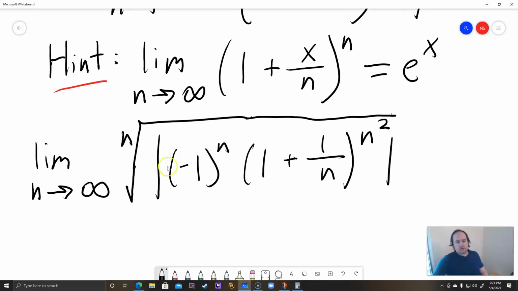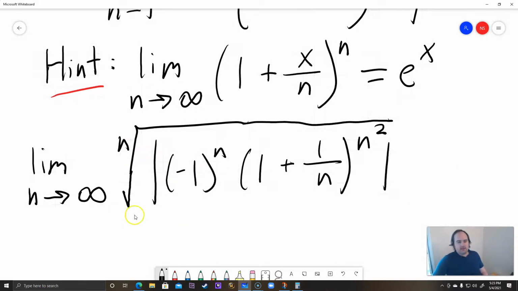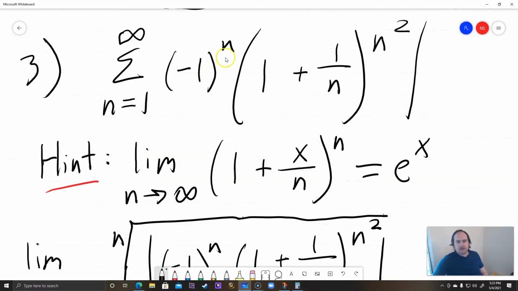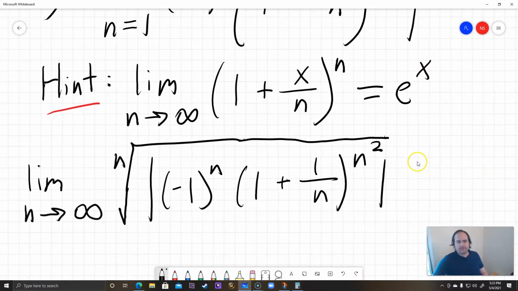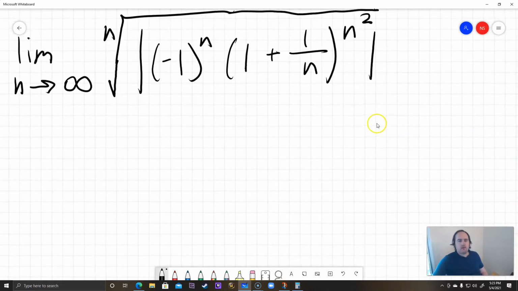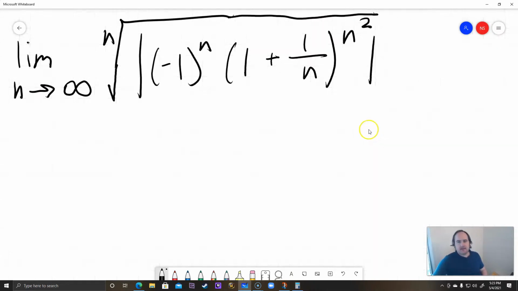So that's just the root test right there. And like I said, towards the end of the problem, we're actually going to use that hint that they gave us.